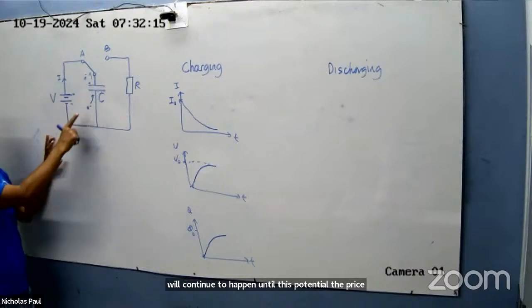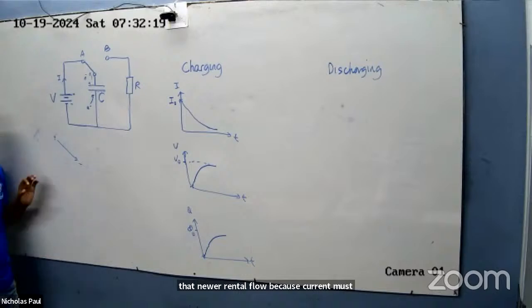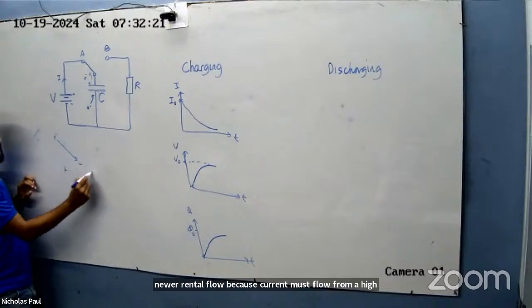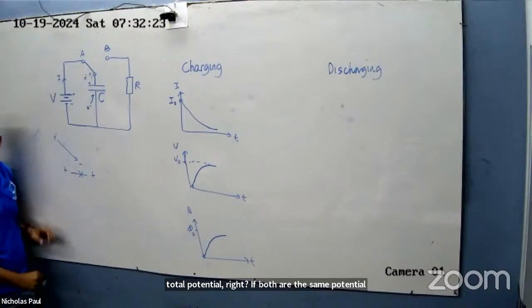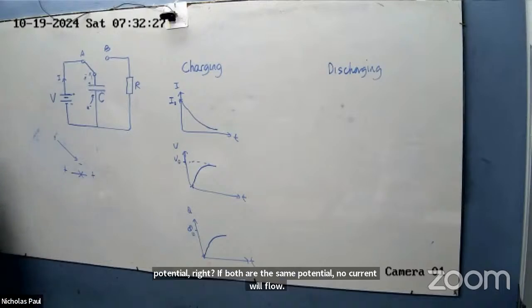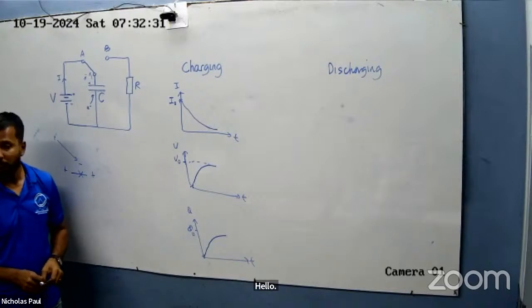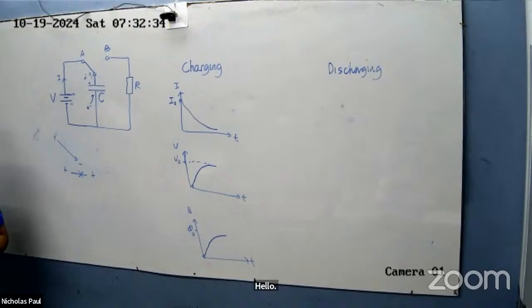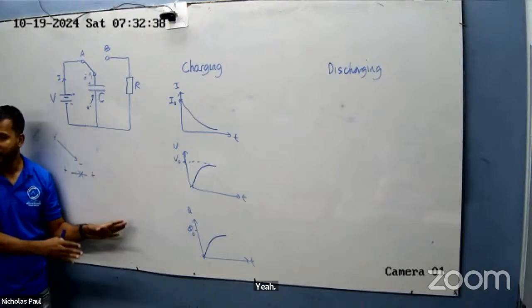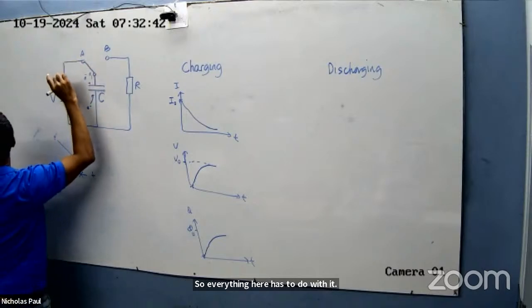Then no current will flow, because current must flow from a high to a low potential. If both are the same potential, no current will flow. Close to zero. The capacitor is similar to the source. You're okay with that? So everything here has to do with charging. Now, any questions online?